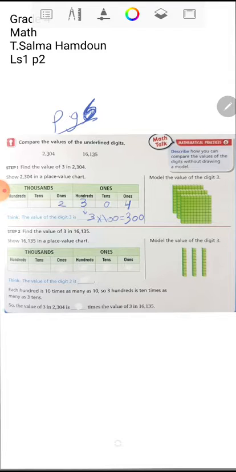Now let's see the value of the number 3 here, in this number. Also I will use the place value chart to find the value. Why do I want you to use this? Because this is the easiest way to find the value of a number when you have big numbers like thousands.